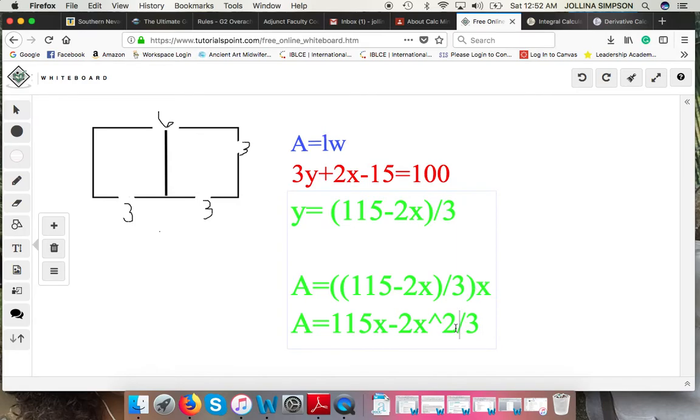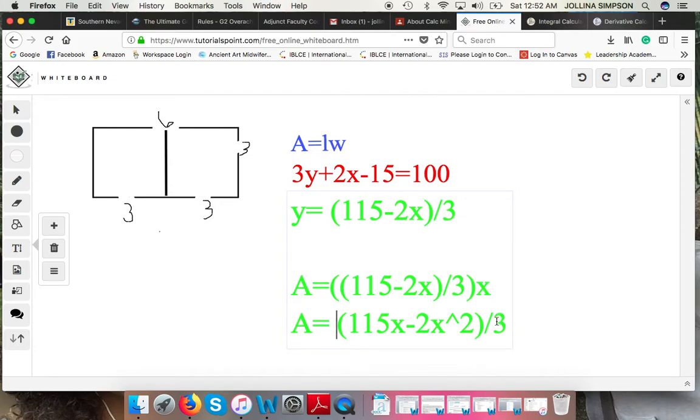Okay, I put some parentheses in there just so that we can see that. All right, so this is what we have so far. So we have our area is equal to 115x minus 2x squared all divided by 3. So that's getting us close.